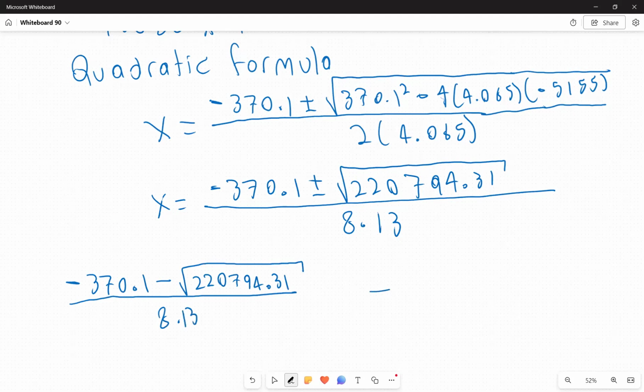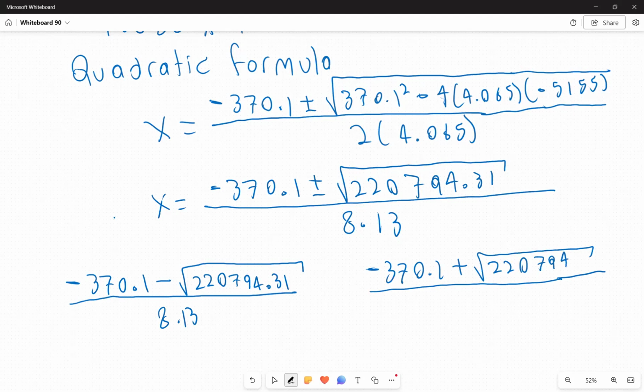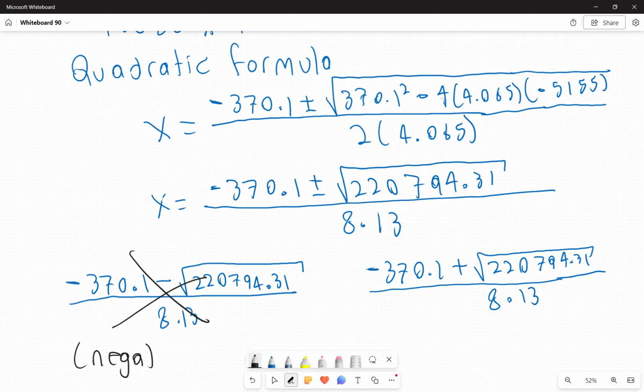And the other one is going to be negative 370.1 plus the square root of 220,794.31, divided by 8.13. Now, I know that the first one is going to be negative. You have negative and minus, so this thing is going to be negative, so we can already discard that.